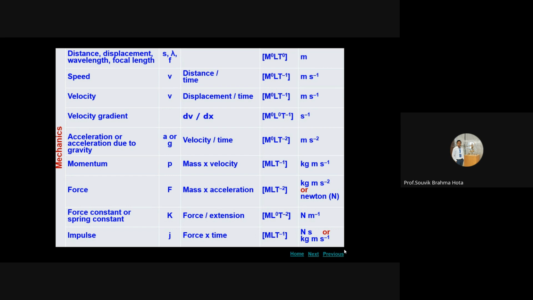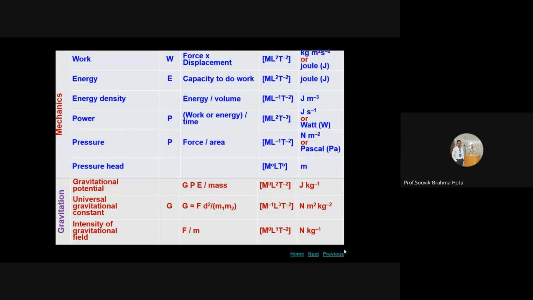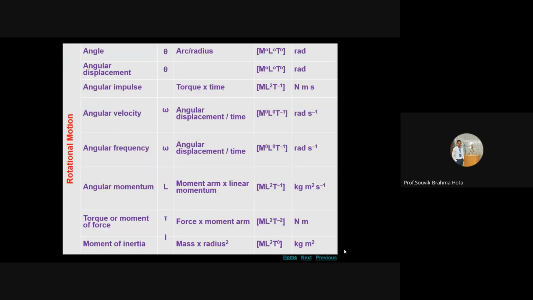Then spring constant, force constant, capital K, they have asked many times. Then work, energy density, pressure, gravitational potential, universal gravitational constant, and intensity of the gravitational field are repeatedly asked.